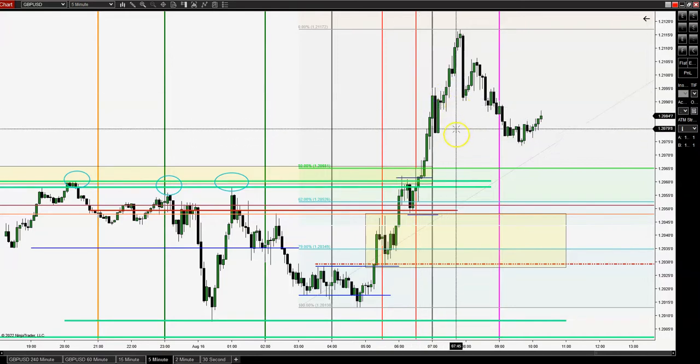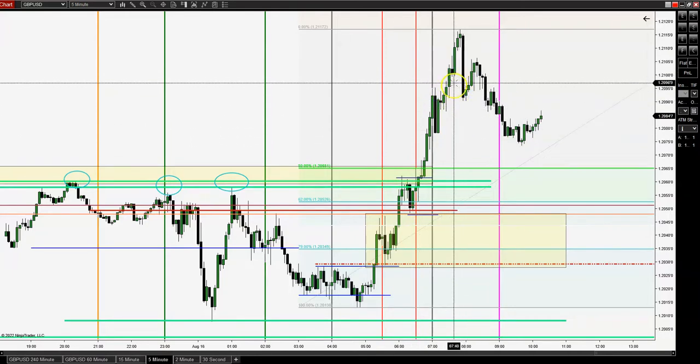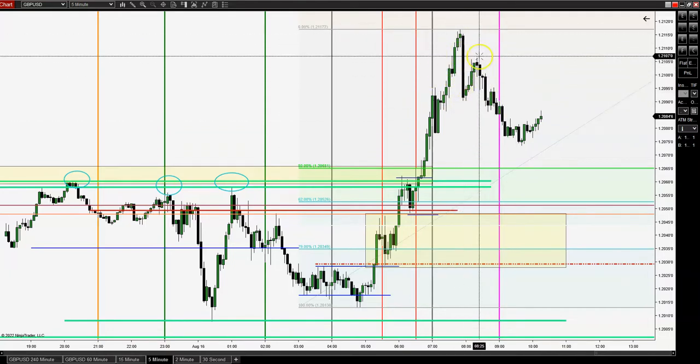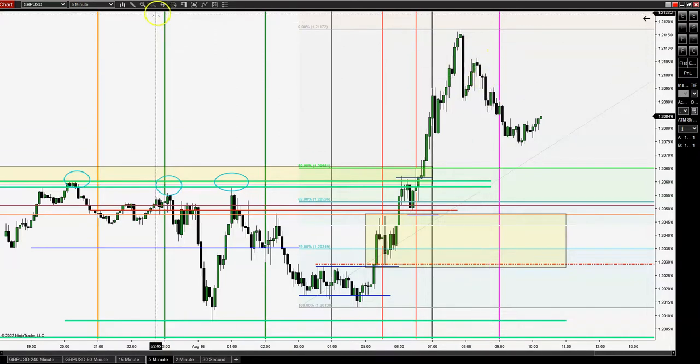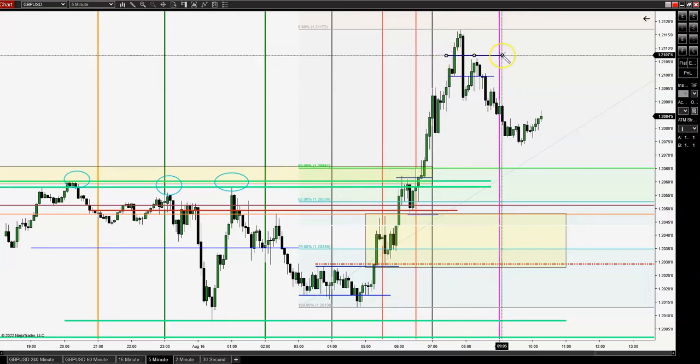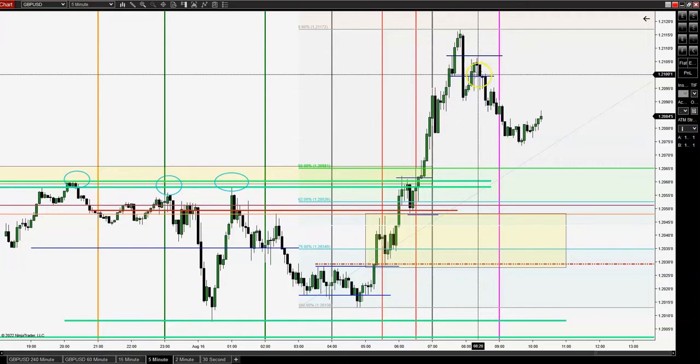And so what's cool about this here is that it kind of did a similar thing as euro dollar, where it came down and then it did this here. And so I know ICT has mentioned these type of trades before, or may have alluded to them in some of the early episodes.